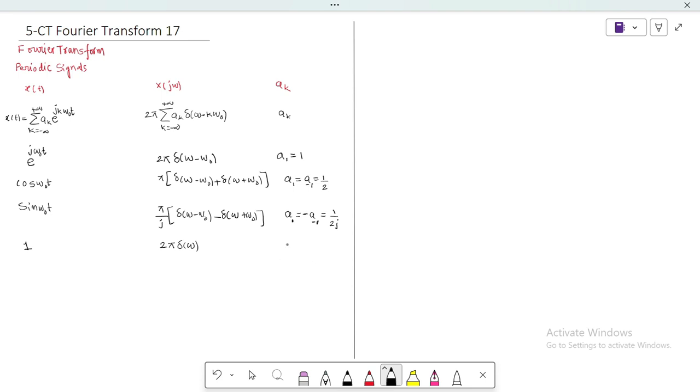For this case, the Fourier coefficient a naught is equal to 1. Otherwise ak equal to 0, for k not equal to 0. So these are the formulas for the periodic signals.